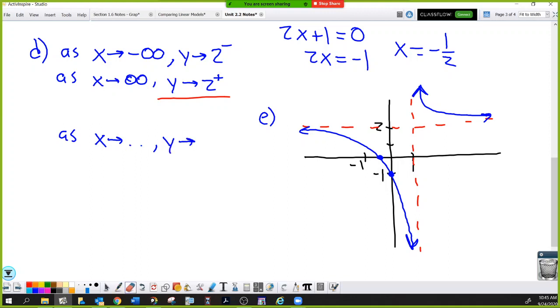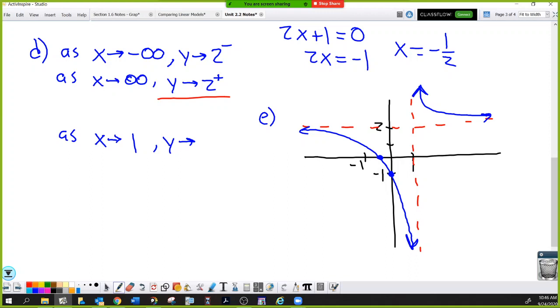As x gets close to 1, my vertical asymptote. As x gets close to 1, what is y doing?